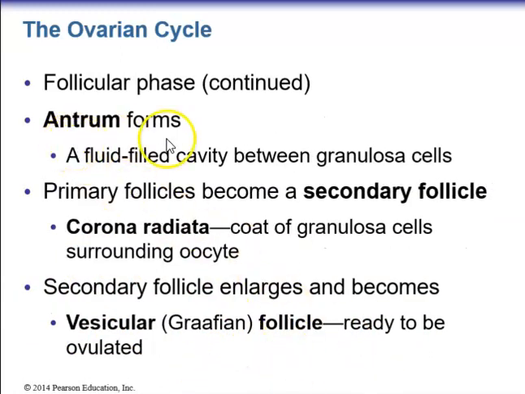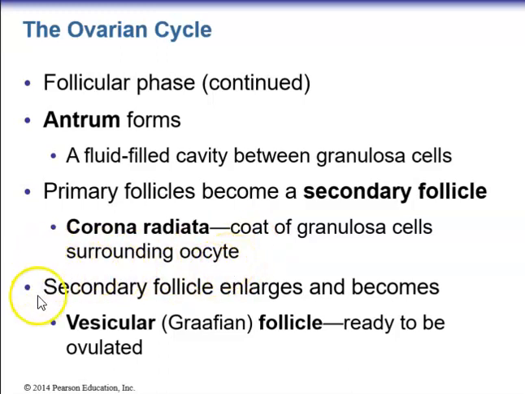An antrum will form, and this is a fluid-filled cavity between the granulosa cells of the follicle. The primary follicles will then become secondary follicles. Within the secondary follicle, you'll see the structure called the corona radiata, a coat of granulosa cells that surround the oocyte.